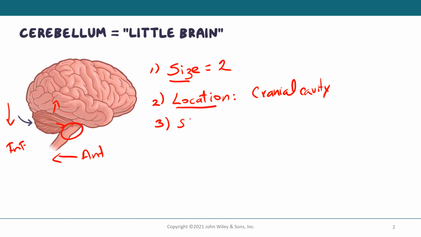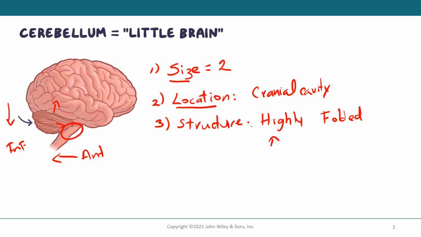Now let's talk about the structure. The cerebrum and cerebellum have something similar: they are highly folded structures. If you look at them, it looks like they have wrinkles. Why do they have these wrinkles?